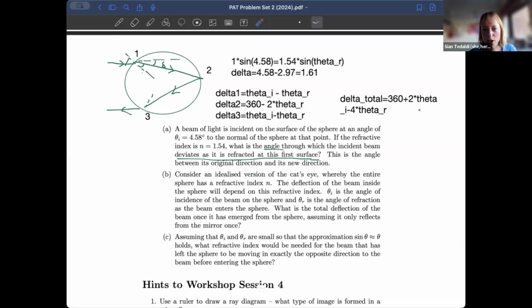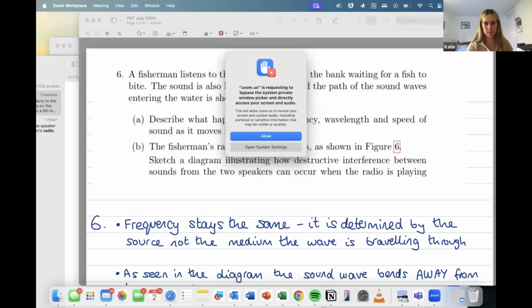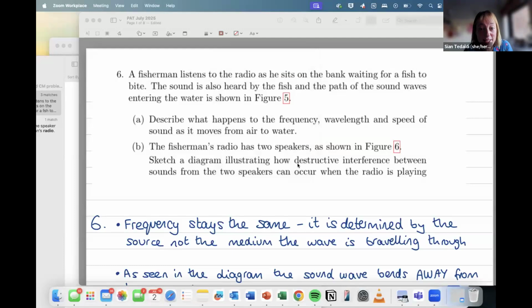Was she close to the end of the problem? Yeah, she was nearly there. Oh, here we are, maybe. Is this yours, Katie? That's mine. Can you see that? Yeah, let's make a start then. I will message Yuji that we're just going to go on, and Katie, if you want to start your problem.